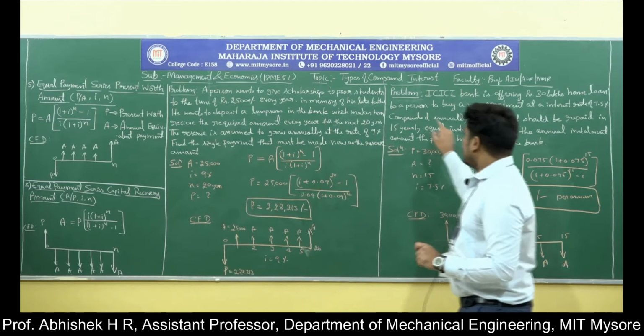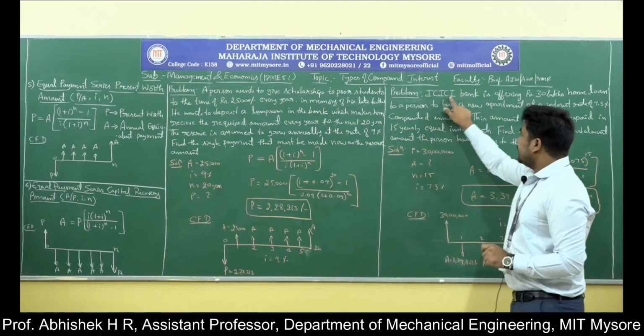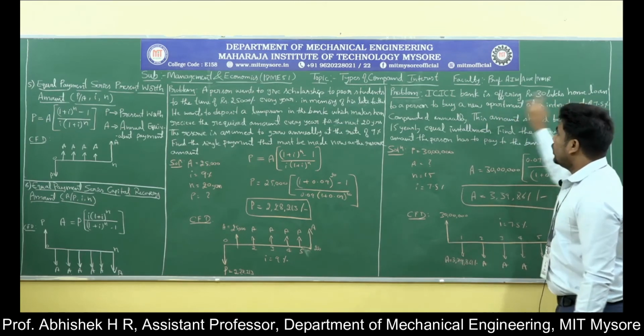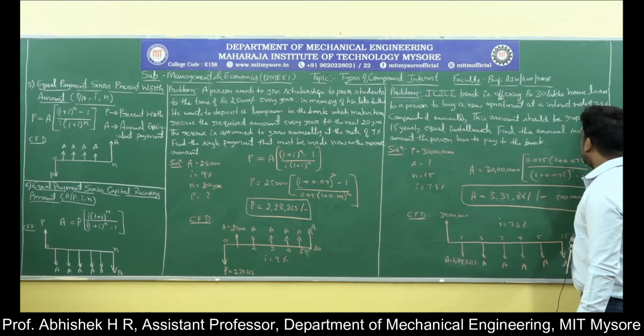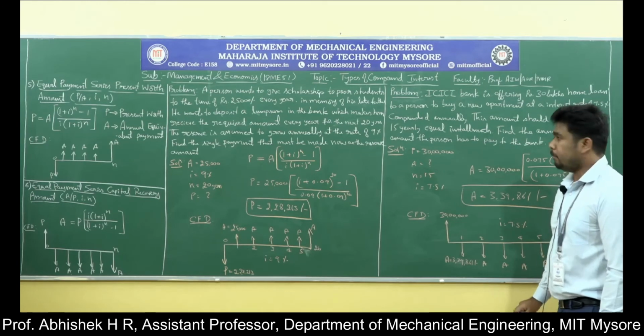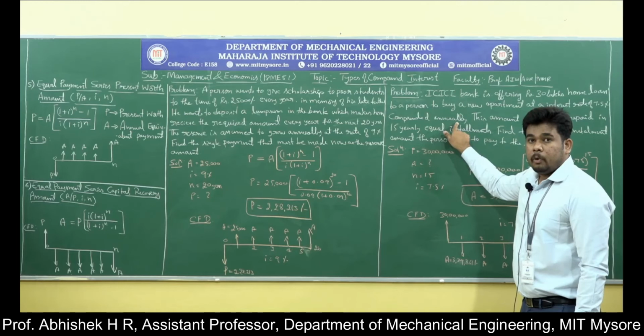Now we will see the problem on the sixth condition. ICICI Bank is offering a 30 lakh rupees home loan to a person to buy a new apartment at an interest rate of 7.5%, compounded annually.